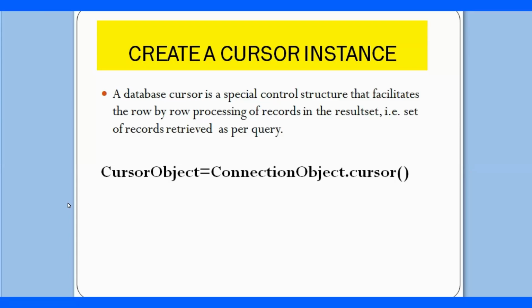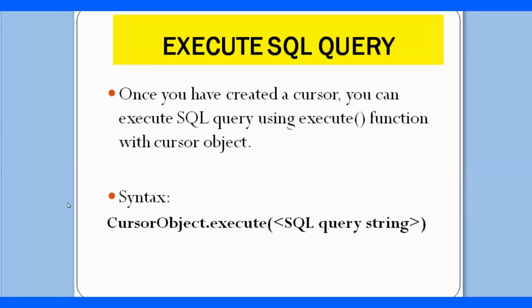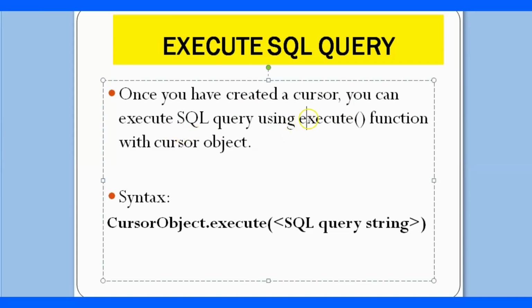So let us first learn how to execute the SQL query. Once you have created a cursor, you execute an SQL query by using the execute function with the cursor object. So we use the cursor, and then we use the execute function to execute the queries.